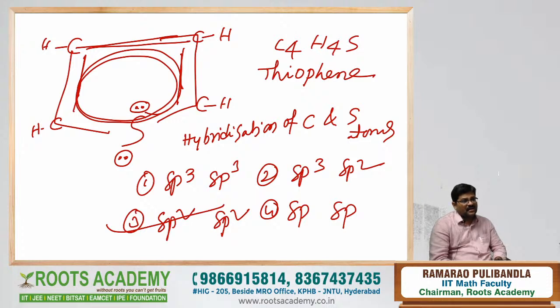In organic molecules, if carbon has 4 sigma bonds, it is sp3 carbon. Carbon with 3 sigma bonds is sp2 carbon. Carbon with 2 sigma bonds is sp carbon. That's why in organic molecules sp3, sp2, sp hybridizations are possible.